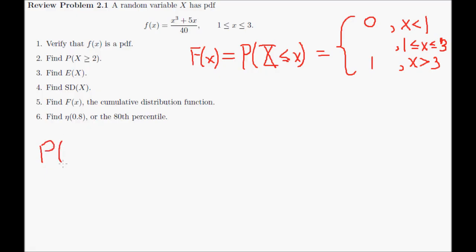The probability that capital X is less than or equal to little x is saying that capital X is somewhere between 1 and x. And so I integrate the PDF, and I use some other letter of the alphabet because little x has now been reserved as the right endpoint for doing this integral.